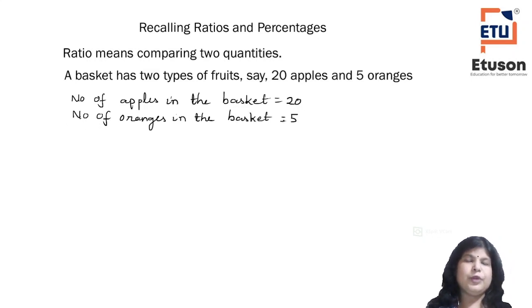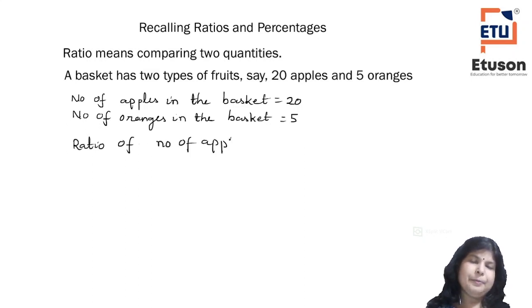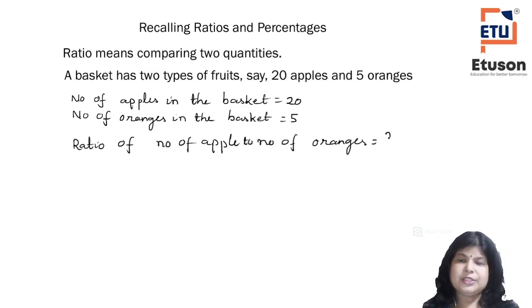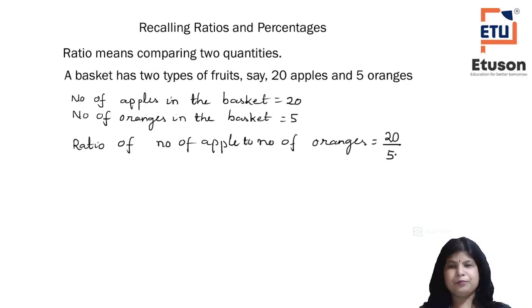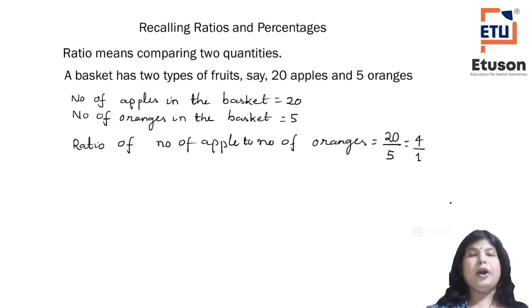Now I am going to compare the number of apples to that of oranges. The ratio of the number of apples to the number of oranges is equal to how much? It is 20 divided by 5. That is nothing but, in the simplest form, 4 by 1. From this you can tell that the number of apples is 4 times the number of oranges, right?